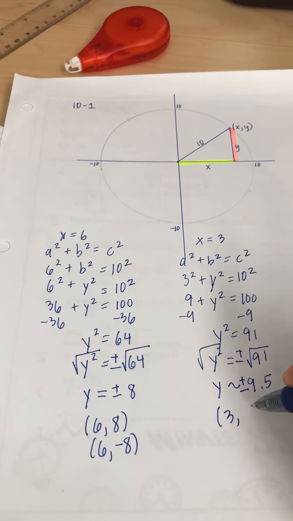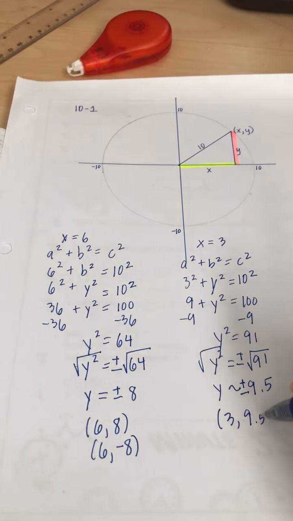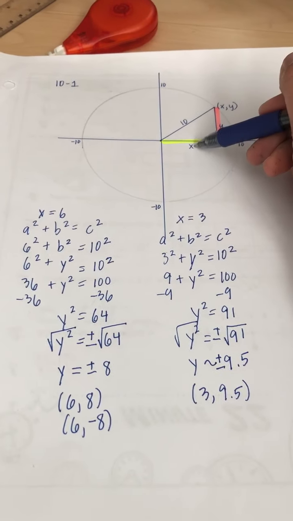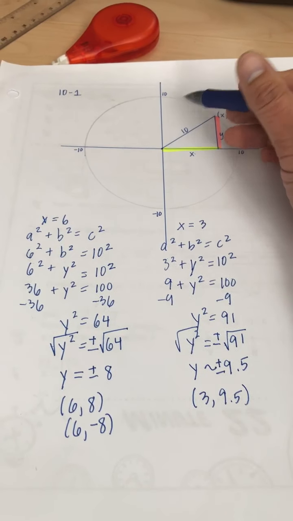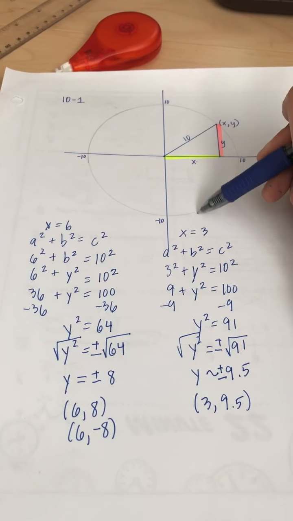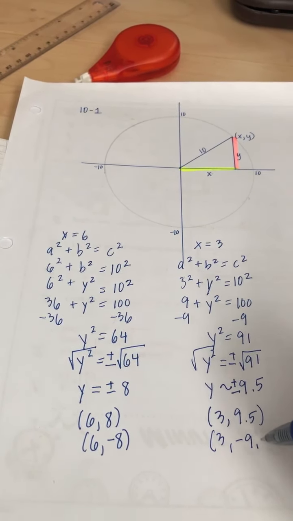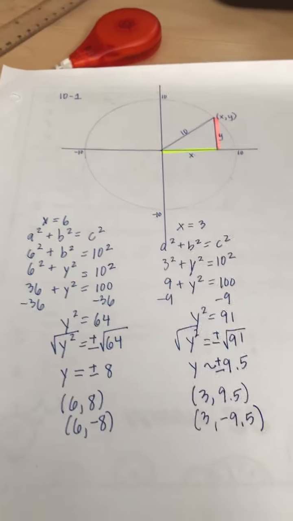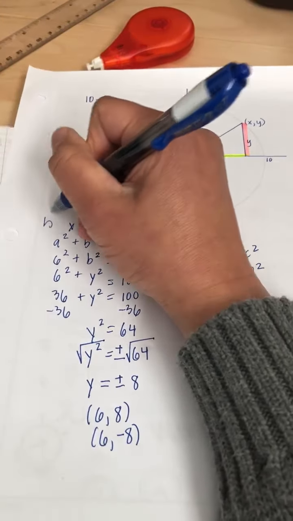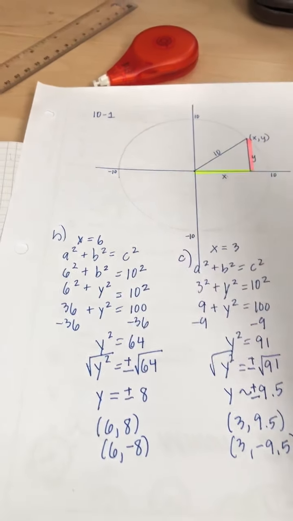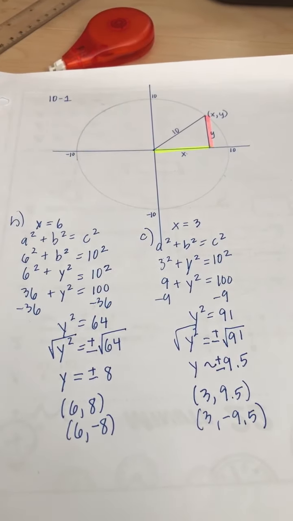So when x is 3, y is 9.5. So here it would be 3, 9.5, or 3, negative 9.5. Okay, and that's C.